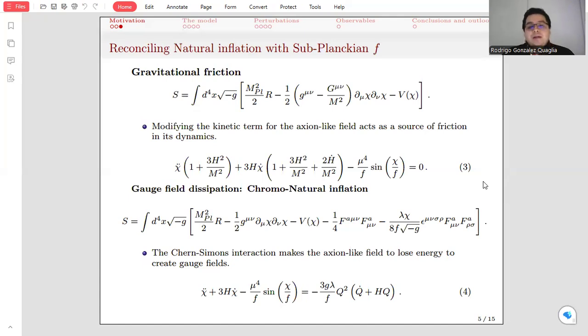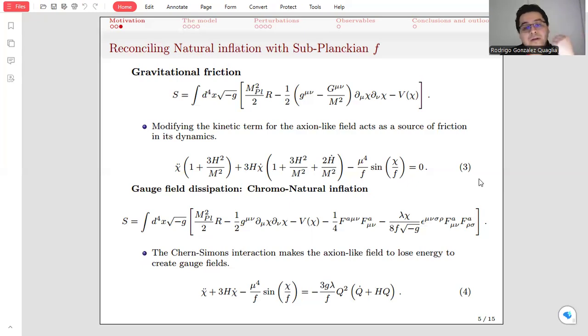This new coupling will work as a further source of friction in the axion dynamics, as can be seen from equation 3. Therefore, as the axion rolls down its potential, these terms will kick in, thus slowing its roll down the potential, thus allowing for the consideration of sub-Planckian values of the decay constant.